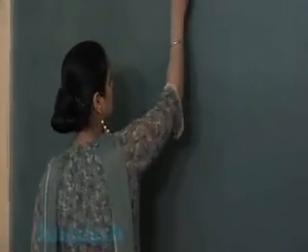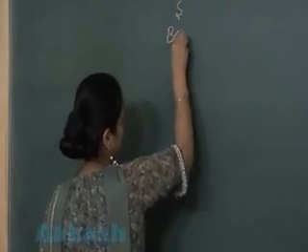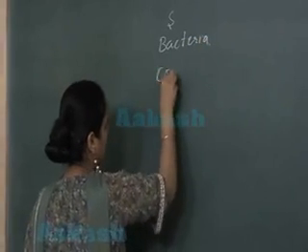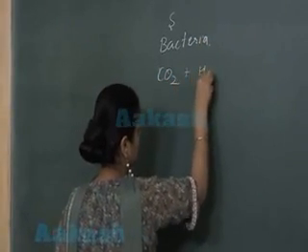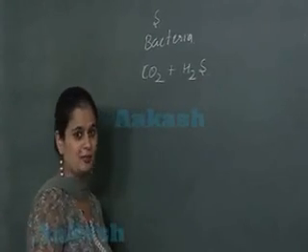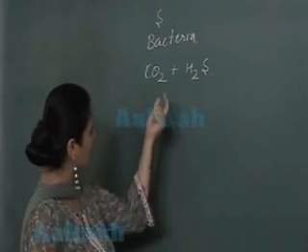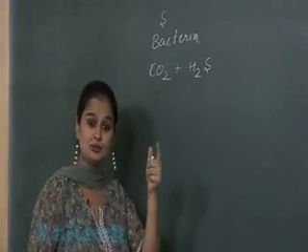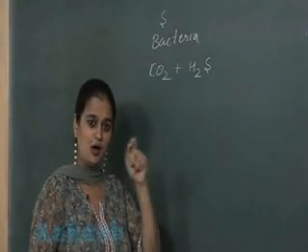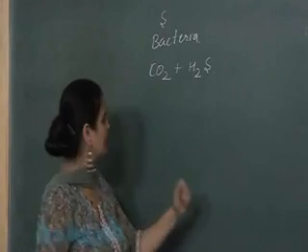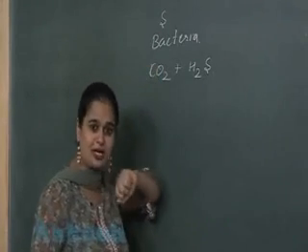Now Van Niel, he took sulfur bacteria, and what he observed is that in the sulfur bacteria, for carbon dioxide fixation, instead of water, there is utilization of a sulfurous compound, that is H2S. According to the old view, ऑक्सीजन जो रिलीज होती है फोटोसिंथेसिस के अंदर, that is due to the splitting of carbon dioxide.